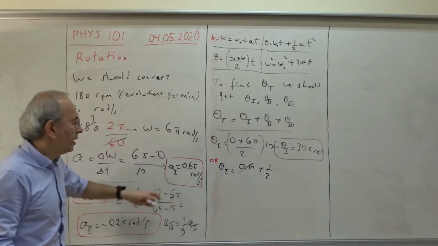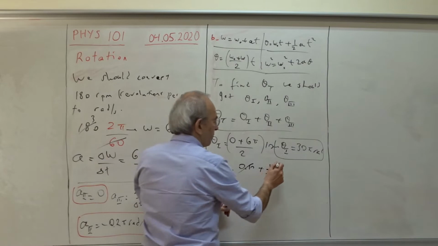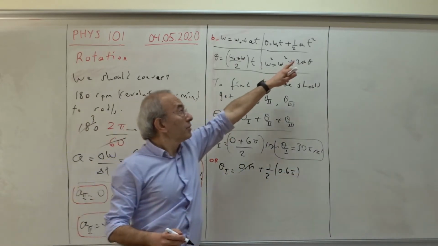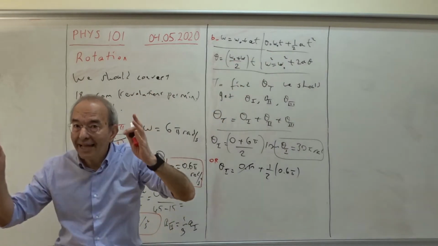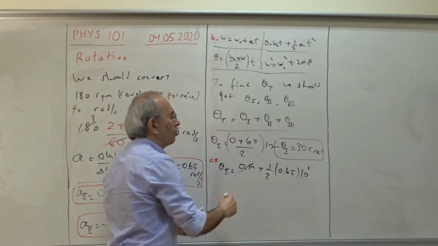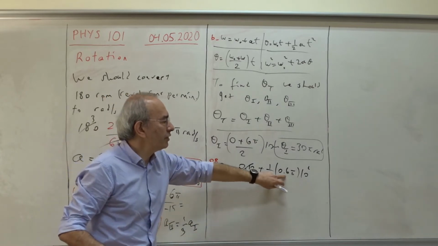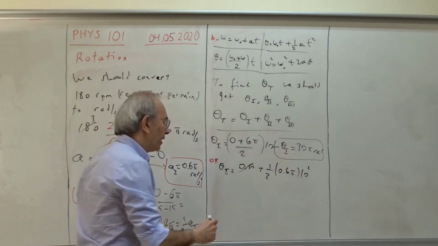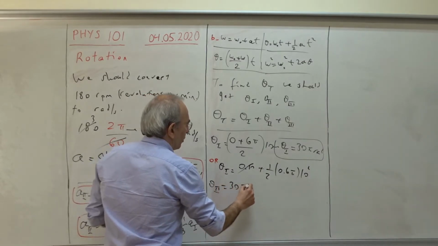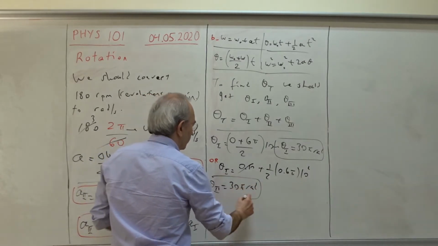What is alpha? 0.6 pi, multiplied by the time squared. The time is 10 squared, so it is 100. 100 over 2 is 50. 50 times 0.6 is 30 pi again. So theta 1 is again 30 pi radians.